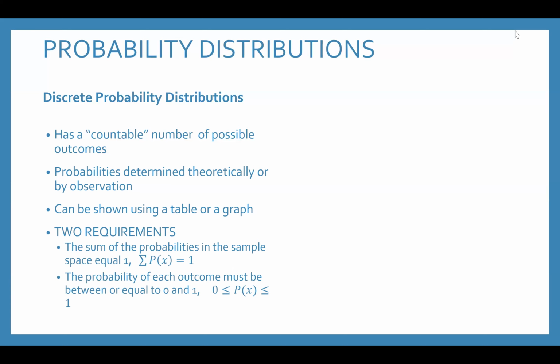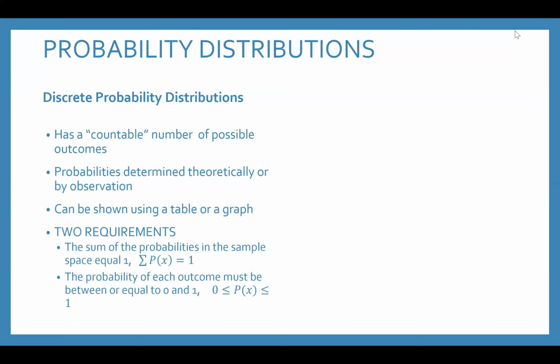The first one is that the sum of the probabilities in the sample space, if we take all of the different things that could happen and add up the probabilities, must total 1. The probability of each individual outcome must be between or equal to 0 and 1.